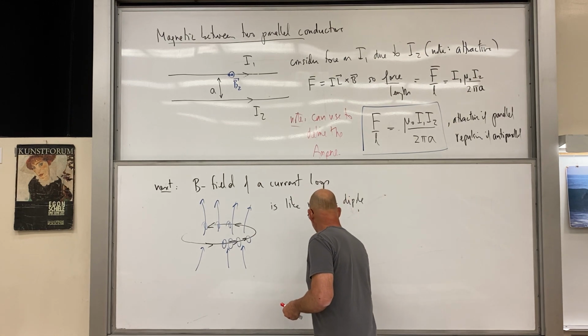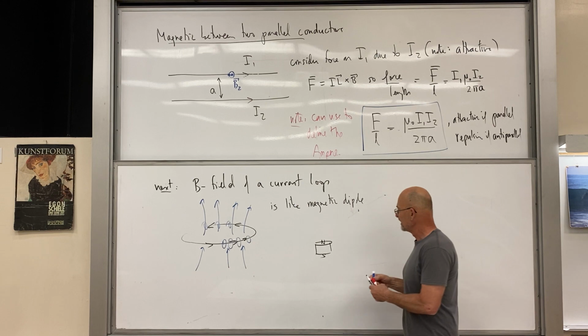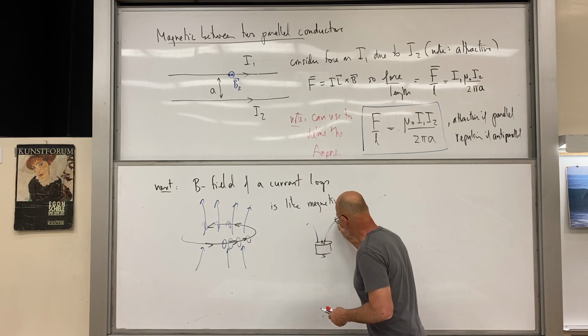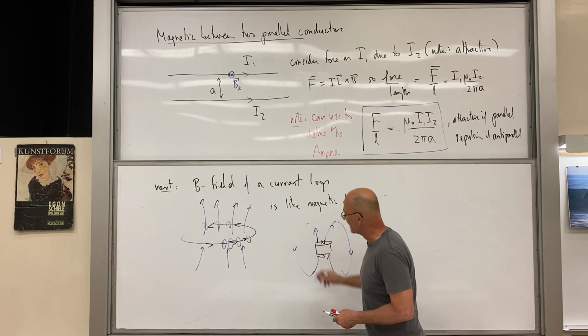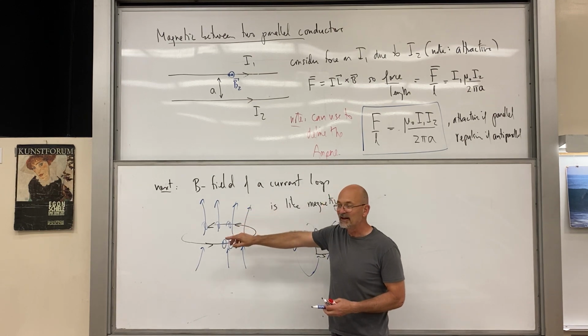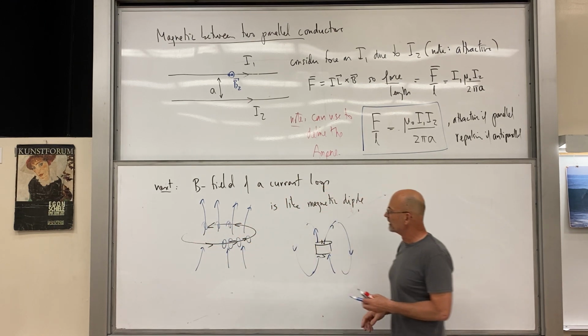And you know, the magnetic dipole, if you had a north and south pole on a magnet, has this property here, as we've seen before, okay? And it goes around like that. You're going to get the same thing here just by adding up all those infinitesimal elements.